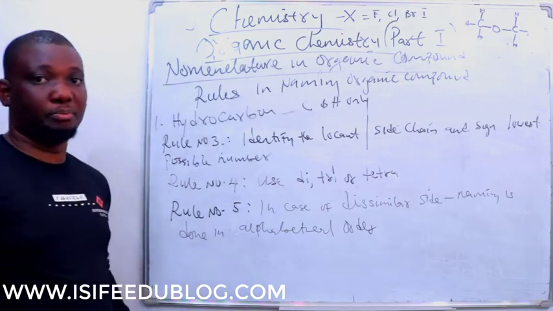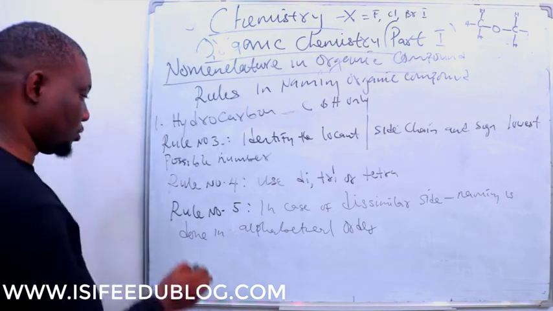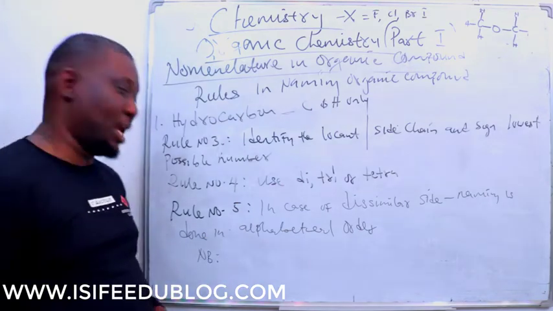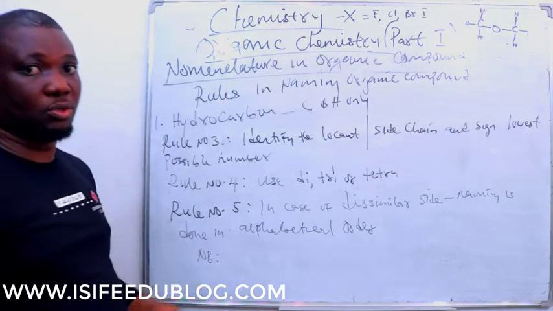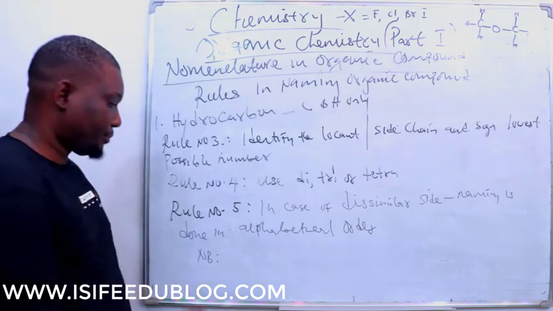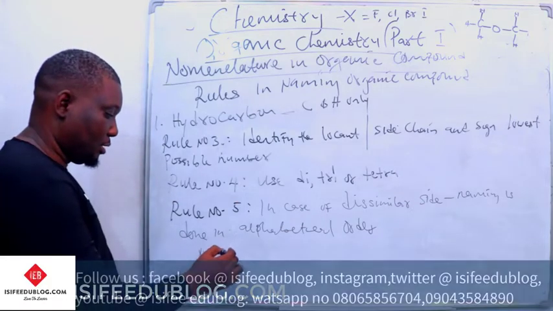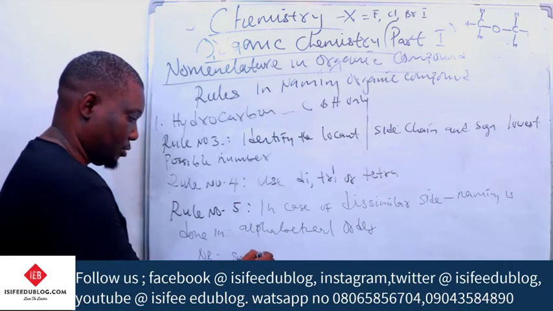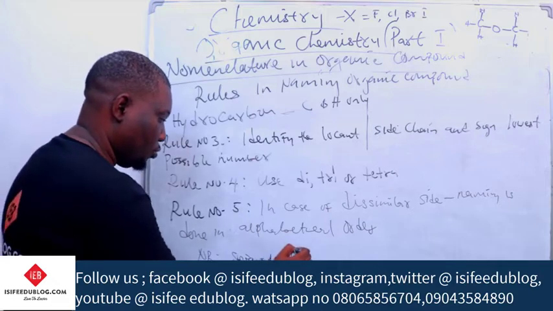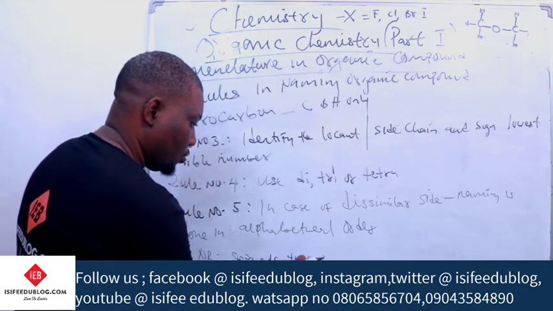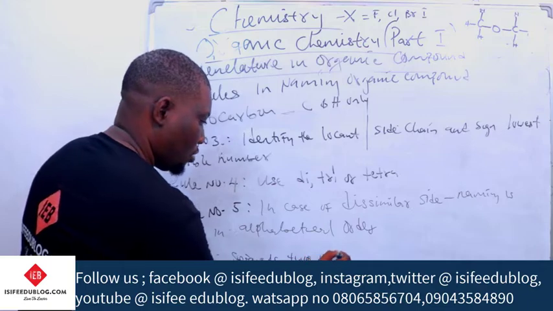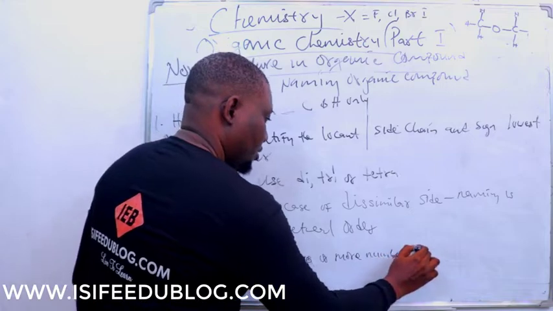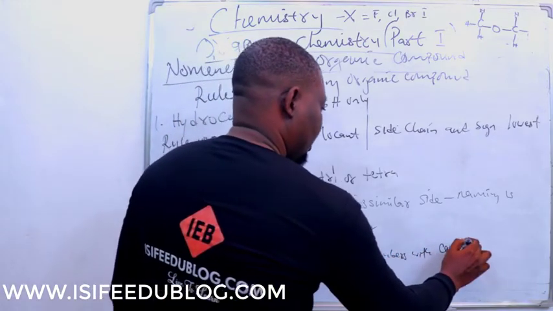Also note that in naming, you must apply all these five rules. Don't forget this; I wouldn't call it a rule, but just a reminder. Once you see two or more numbers, please separate them with commas.